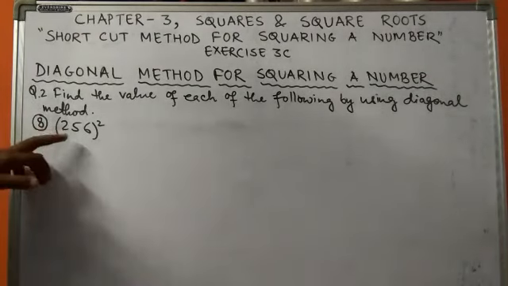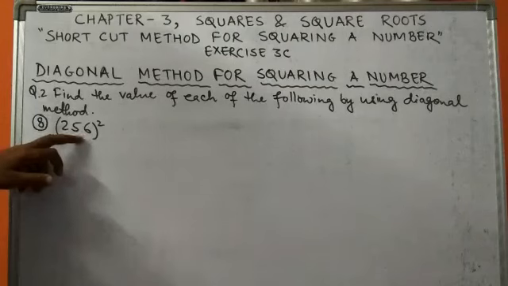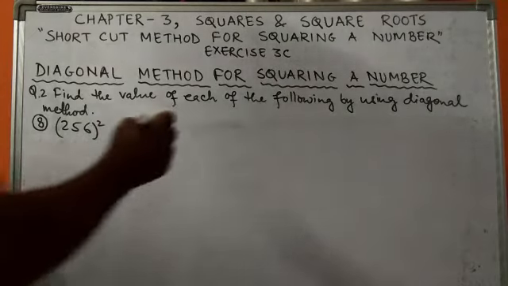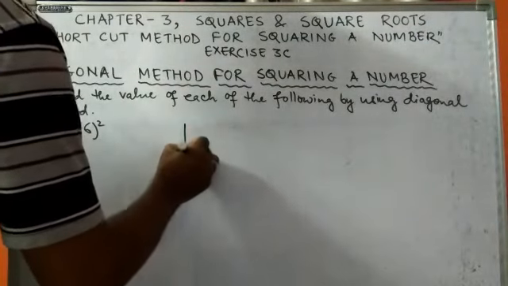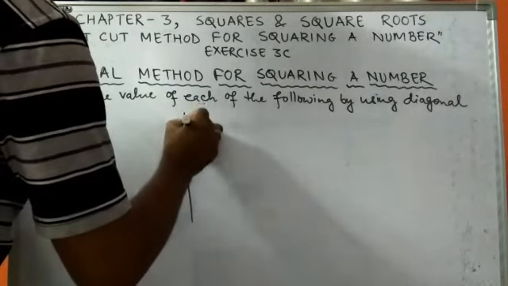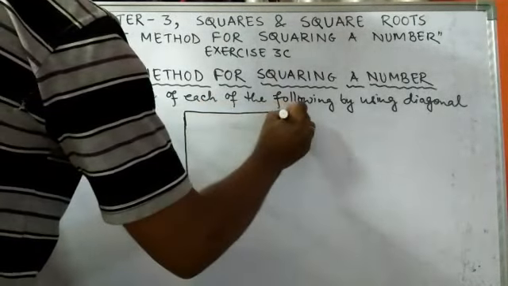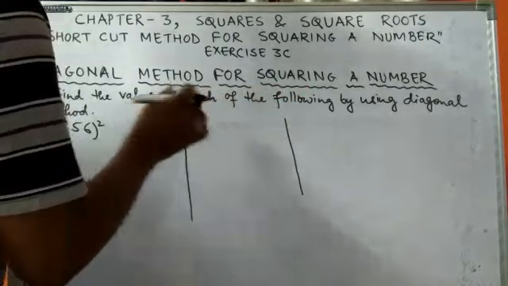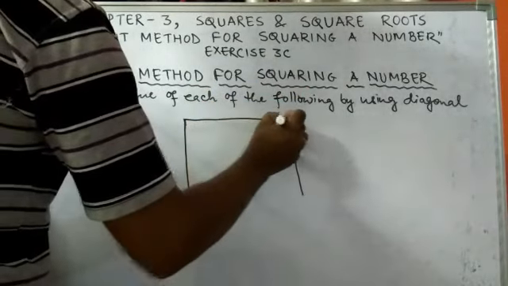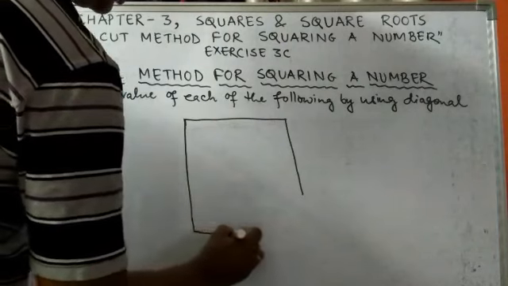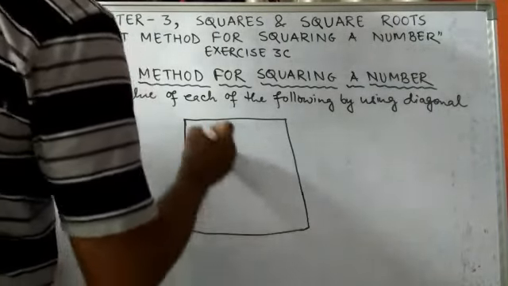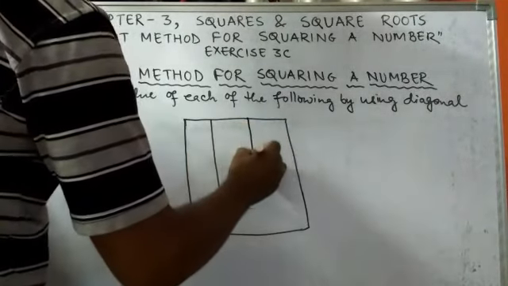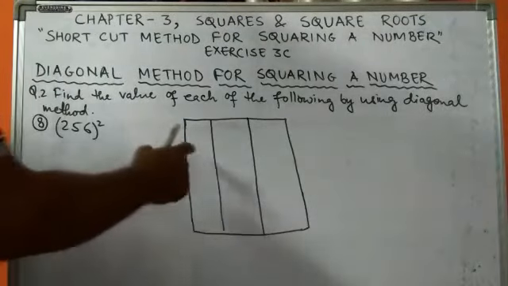See, 3 digits are present in the number 256, so this diagonal grid also has three columns.